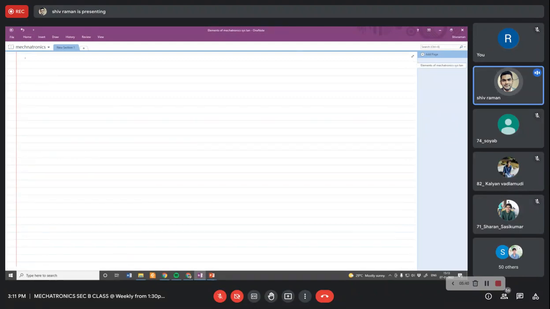Okay, so coming to a mechatronic system, the simplest mechatronic system or device is your servo motor. A servo motor basically takes sensory feedback. It adjusts the motor in terms of speed in order to get precise control of positioning.